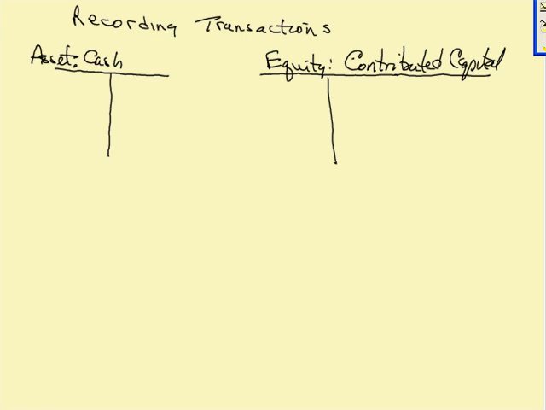Okay, so the source of the money came out of your pocket and your partner's pocket, and so the source of the money is our credit. And in a T account, we record all credit transactions in the account on the right-hand side of the T, and all debits on the left, and that holds true for all. So you put up $500. And where did that $500 wind up?